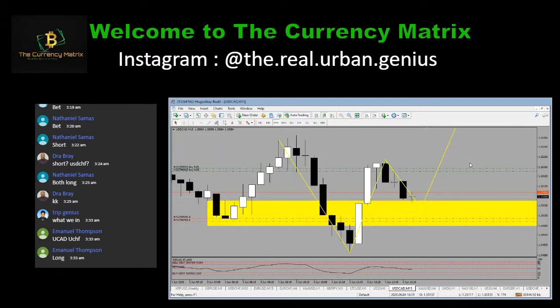How did I get this zone here? I used this structure over here. I created this yellow zone with this structure.